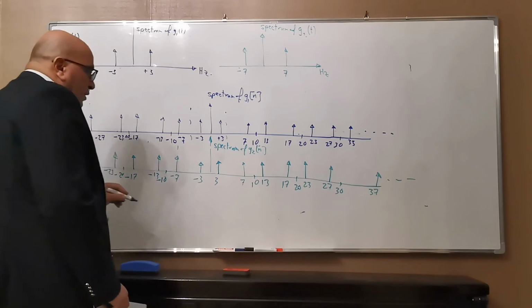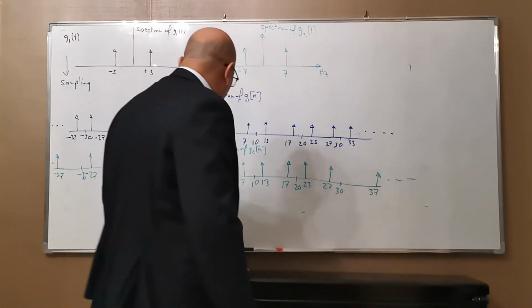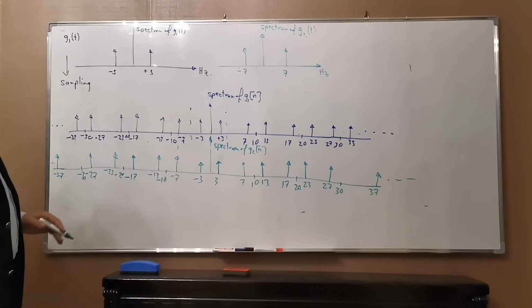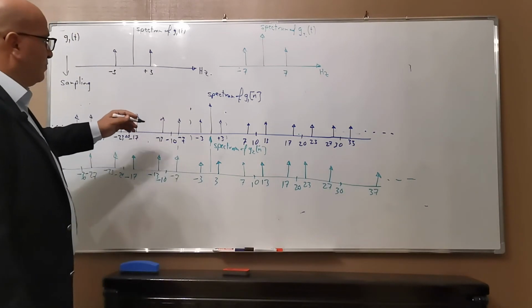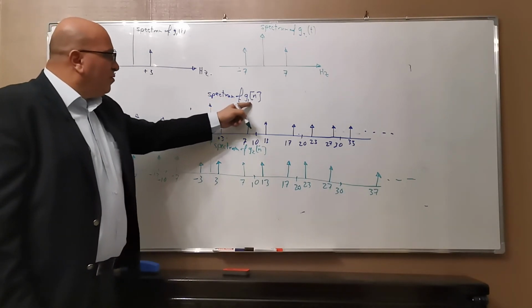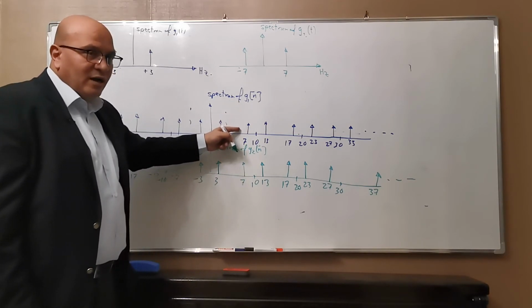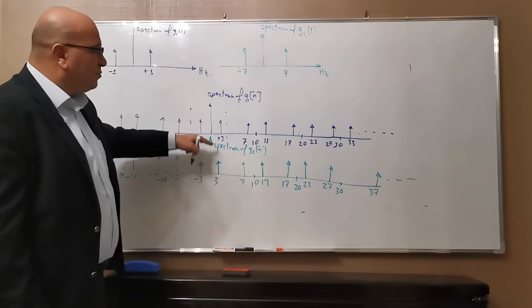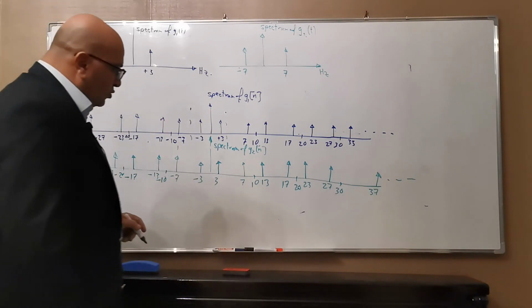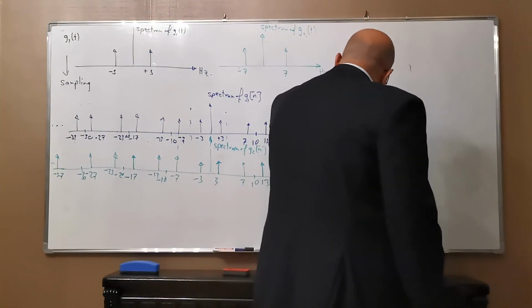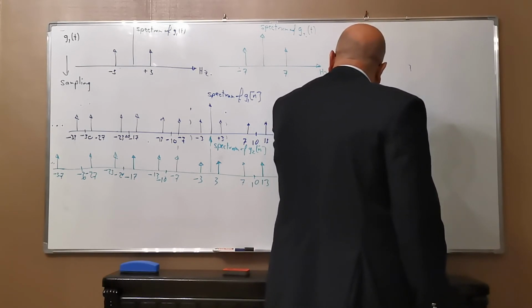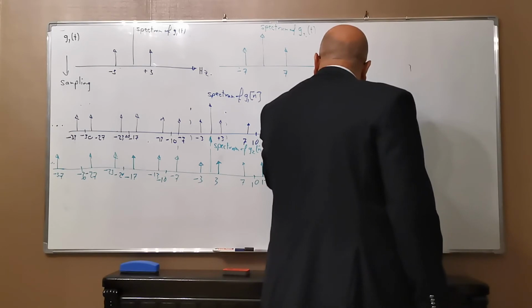And we continue here, and you continue there. If you look at the two spectrums, they are exactly the same. We found that G1 of n and G2 of n are the same in the discrete time domain, and definitely their spectrums are also identical.